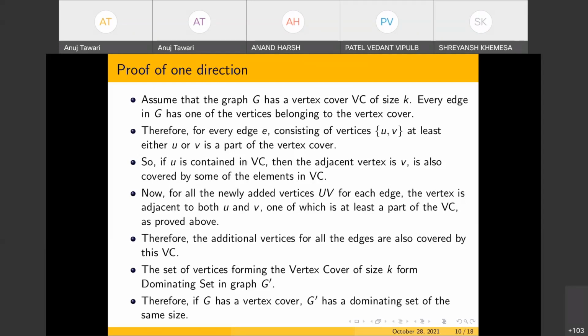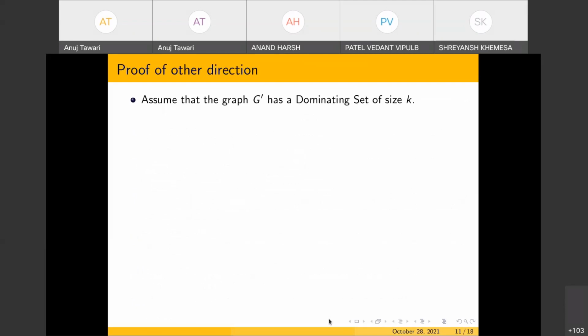So this is what we have: if G has a vertex cover, G prime has a dominating set of the same size. Now let's go to the other direction. Let's assume that this graph G prime has a dominating set of size k.